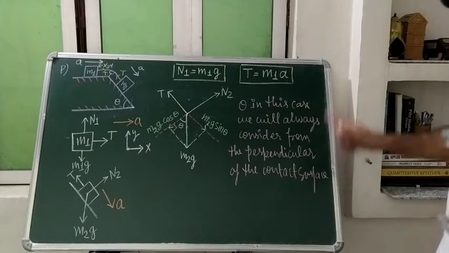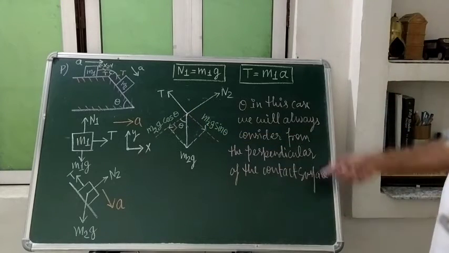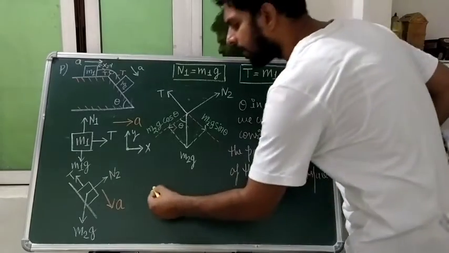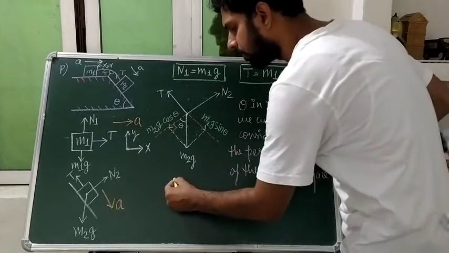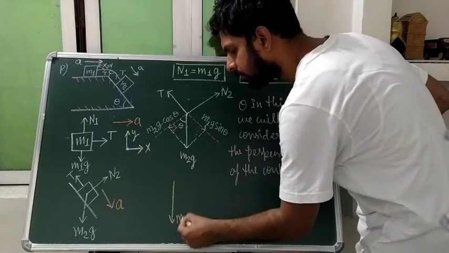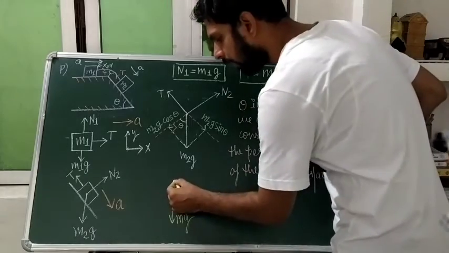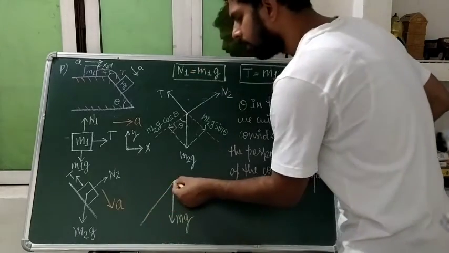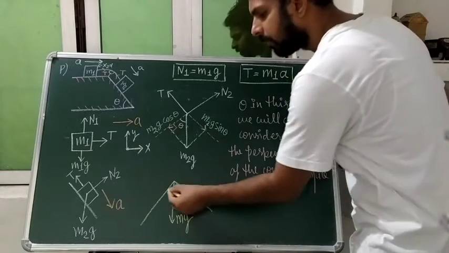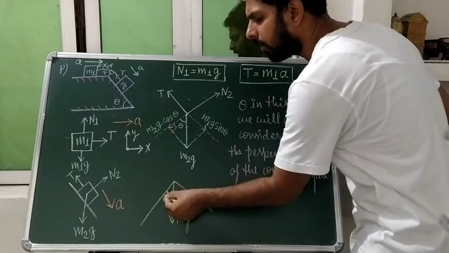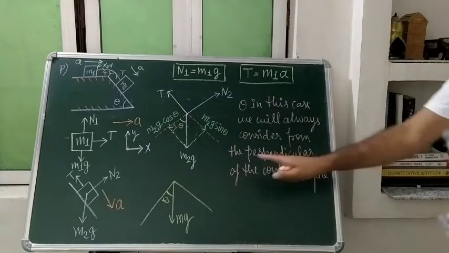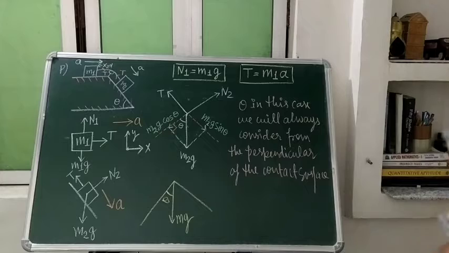So you will keep these points in your mind. Again I am discussing this. Suppose we are getting this situation like this, student. We are having the mg here, and we want to resolve it perpendicular and in the horizontal direction, isn't it? And it is the theta from the perpendicular of that contact surface. We will assume theta. Getting it, student?